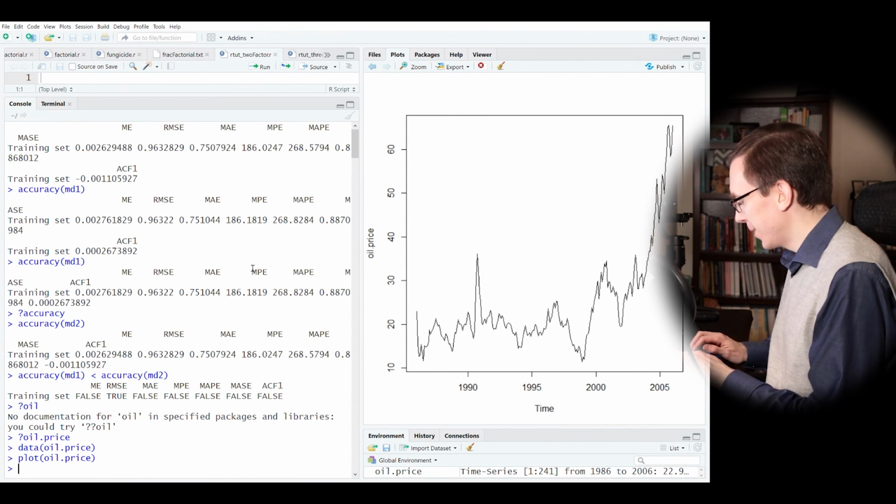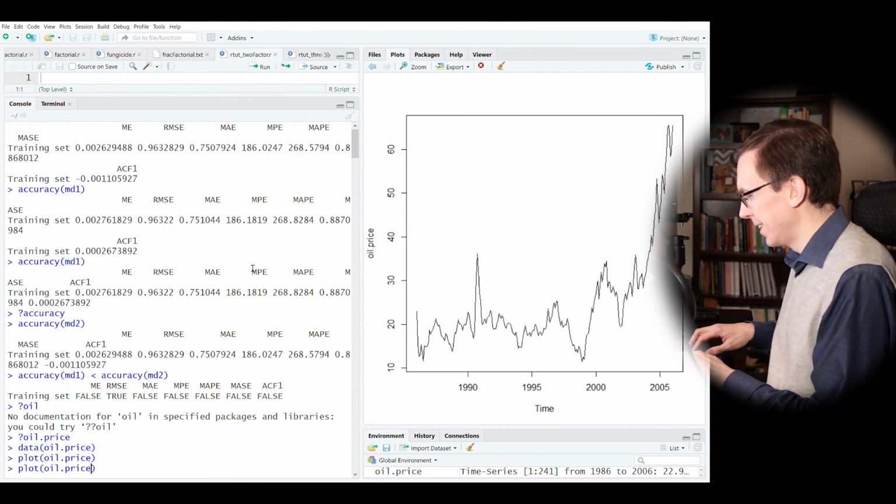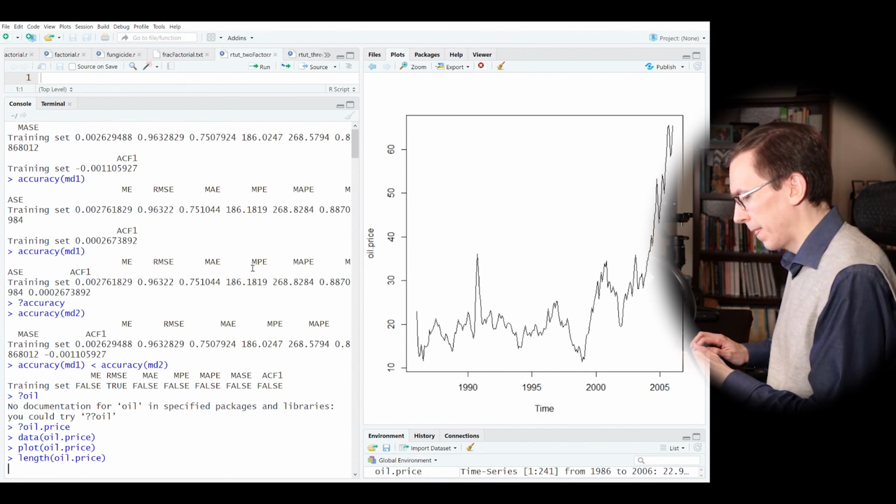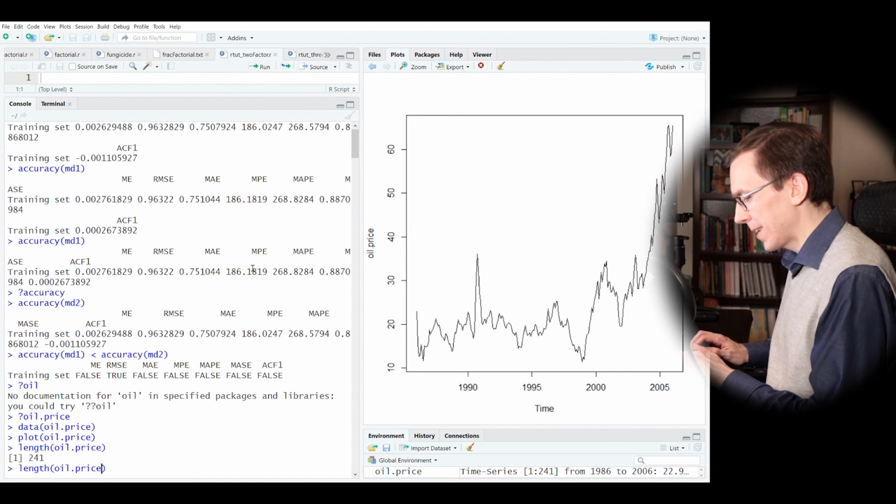Anyway, what I don't want to do is deal with that giant spike. So I think what we will do is look at our data set. I think this is monthly, so let's truncate this. All right, we've got 241 measurements. That's about 20 years' worth.